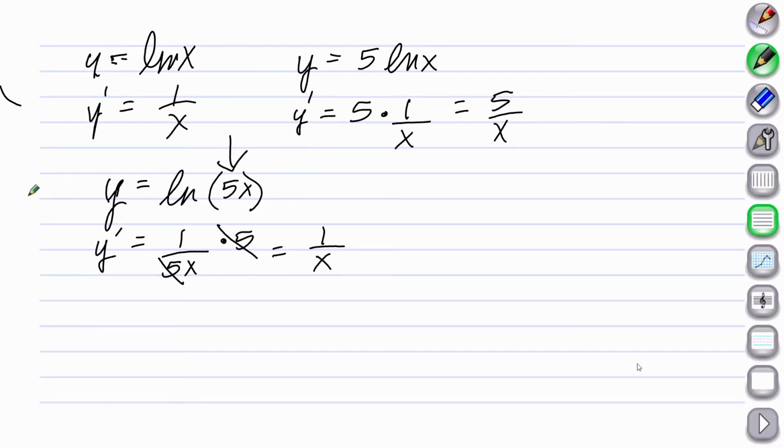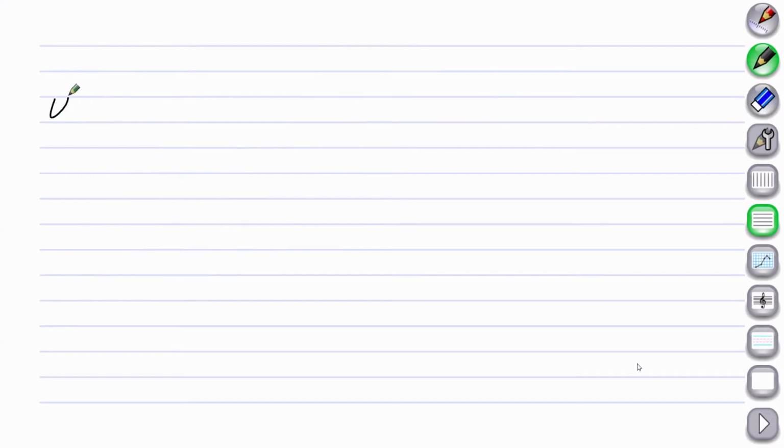All right, so let's try number 3. ln x over x squared. I'm going to put the equal there. Okay, this looks like a quotient rule, huh? Remember, it has a minus.